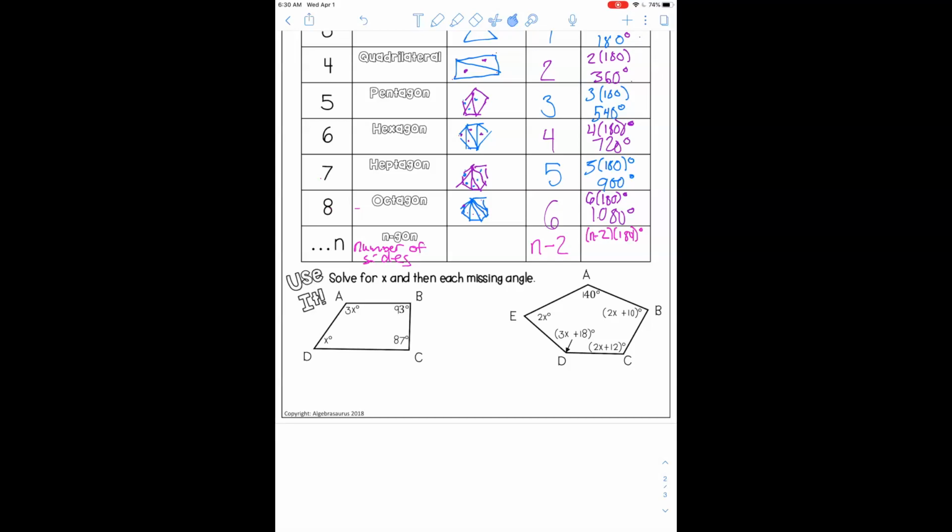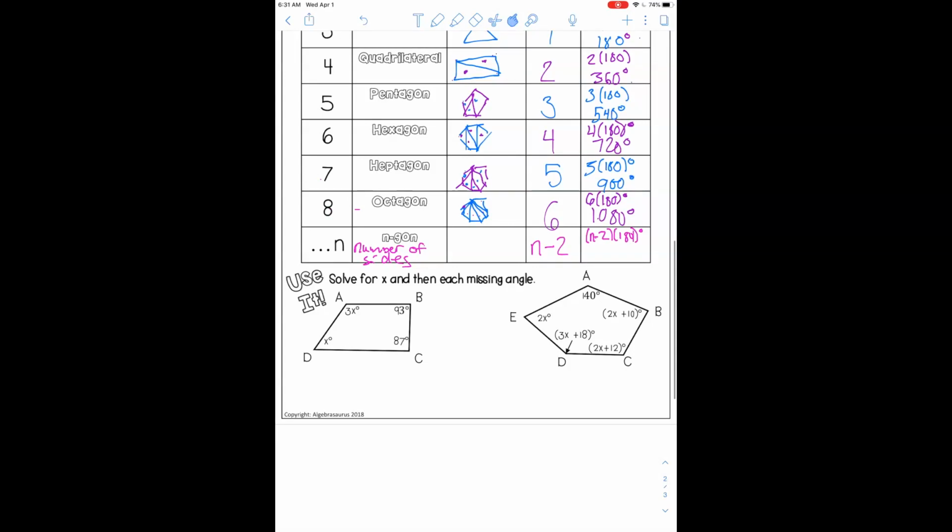So we know that 3x plus x plus 93 plus 87 equals 360. Oops, my x turned to a 4.